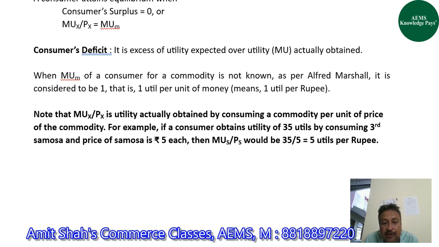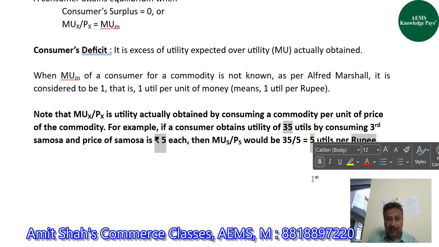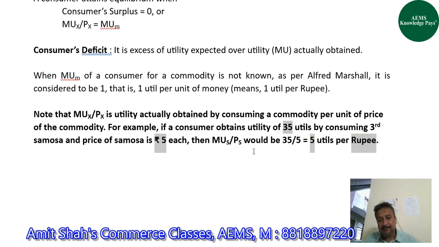I am asking, have you understood, guys, or not? So if a consumer obtains utility of 35 utils by consuming third samosa and price of samosa is rupees 5 each, it means by spending rupees 5 he has got utility of 35 utils. So by spending rupee 1 he has got satisfaction of 5 utils. Yes or no, guys? Those who are online, I'm asking them.